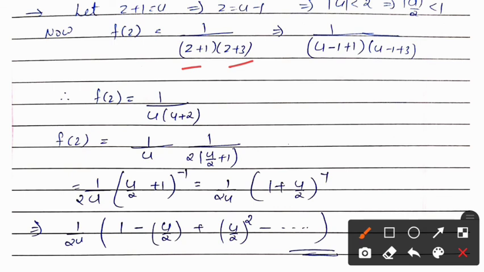In place of z, I have to put u minus 1. So in the first bracket, u minus 1 plus 1 will be u. Again here I put u minus 1 plus 3. Minus 1 plus 3 is plus 2, so I get u plus 2.